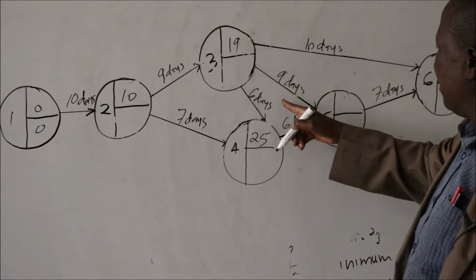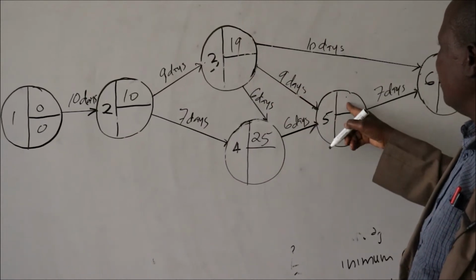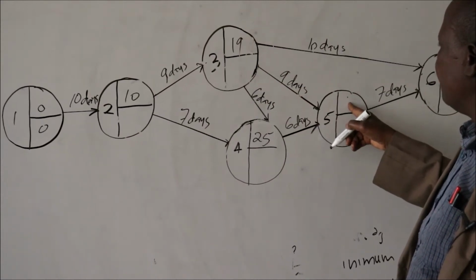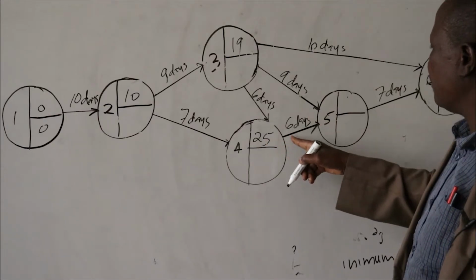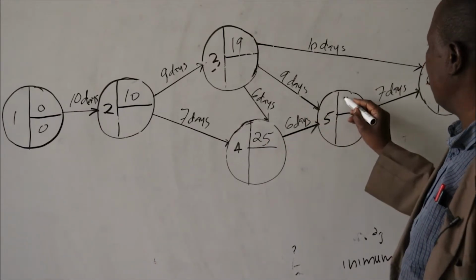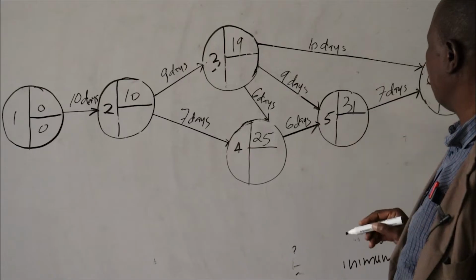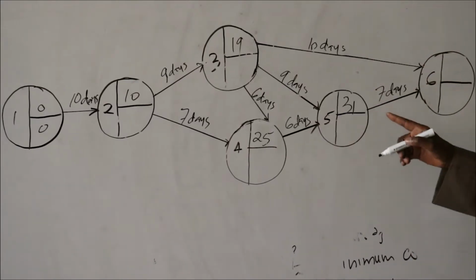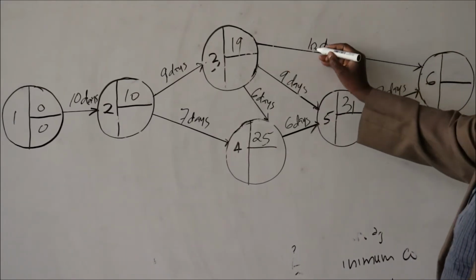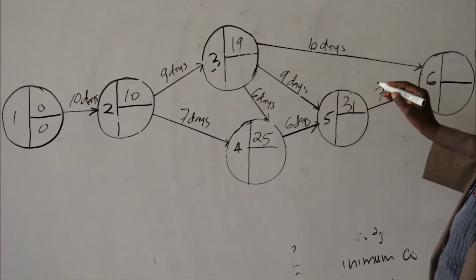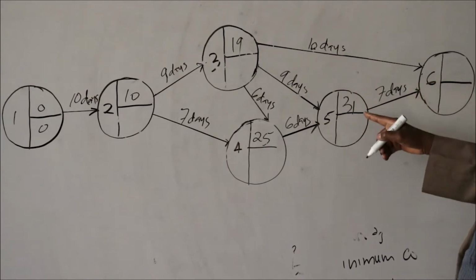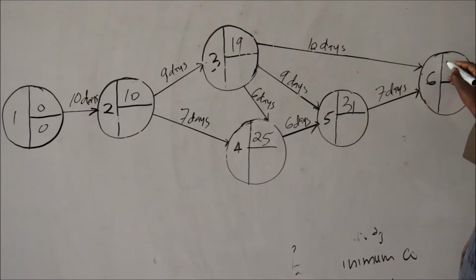Then 19 plus 9 is 28. 25 plus 6 is 31. Then 19 plus 10 is 29, and then this one is the longest, that is 38. The duration of the project is 38 days.